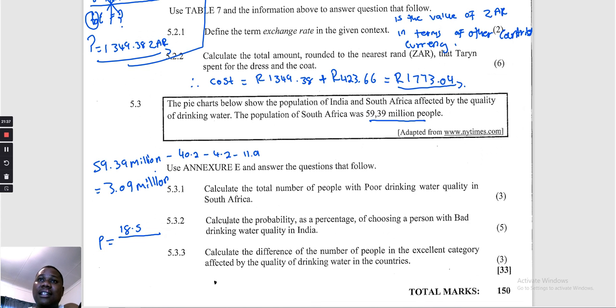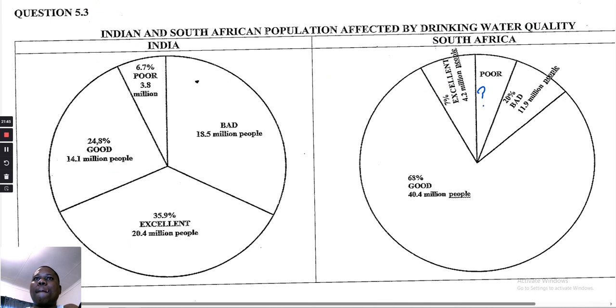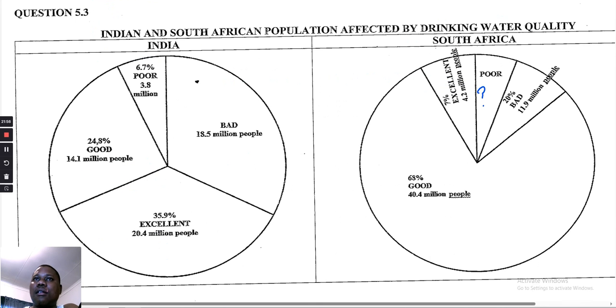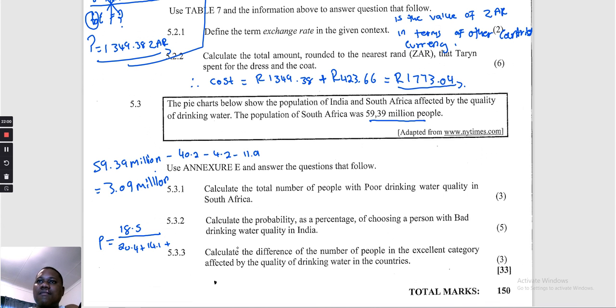We're going to add them: 20.4 million plus 14.1 million plus 3.8 million plus 18.5, because they are also included.